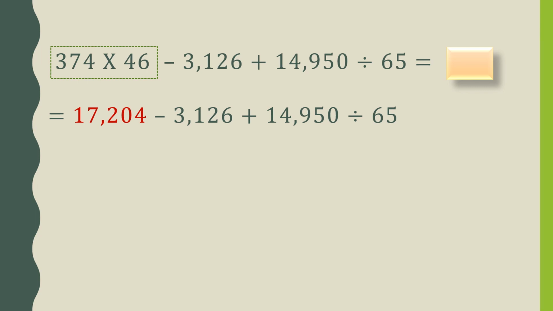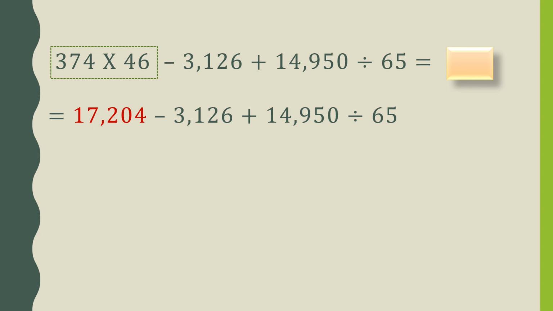And then we will copy the rest of the equations. Now, our equation is 17,204 minus 3,126 plus 14,950 divided by 65.